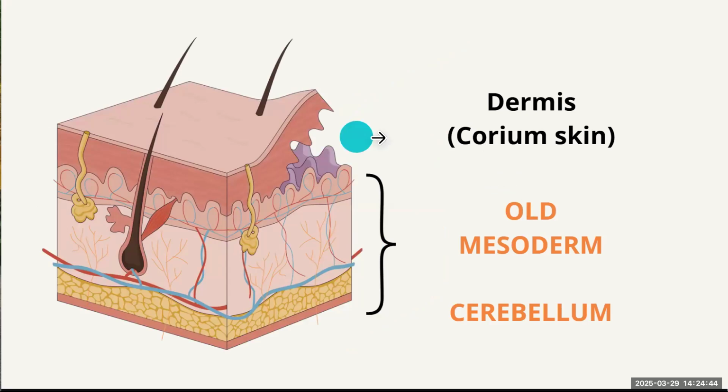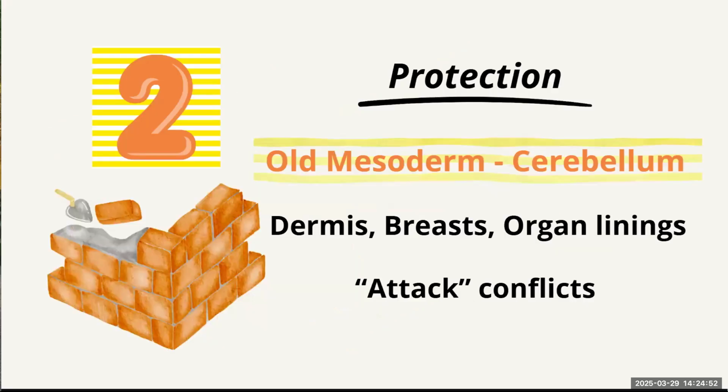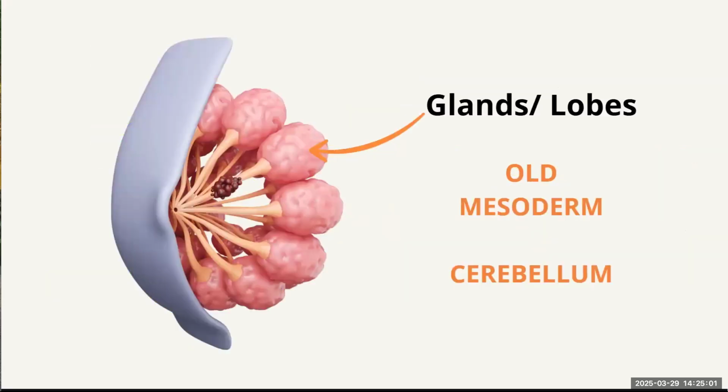And this was the slide I presented last time of the dermis because it's very similar to the breast glands. Why is it considered under the layer of protection? Because think of the breasts as like a kitchen, the kitchen of the body. It's whipping up meals for the offspring.